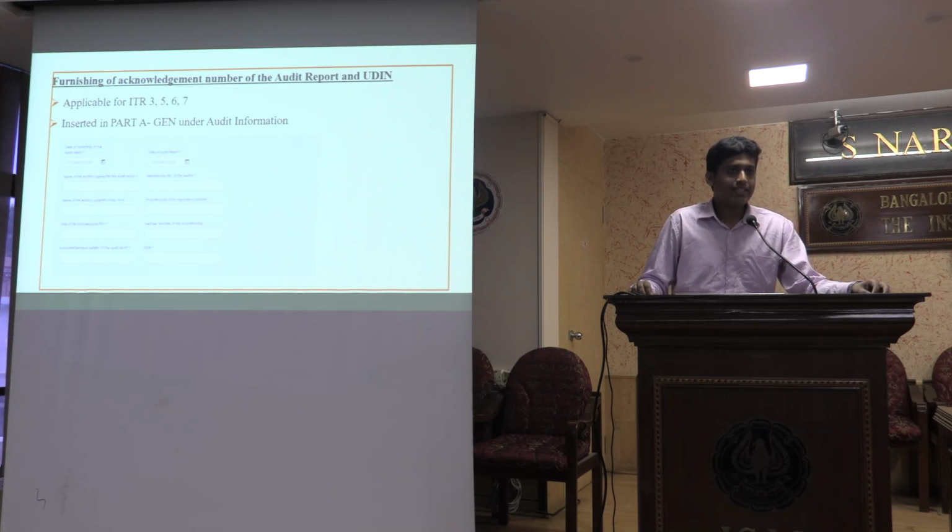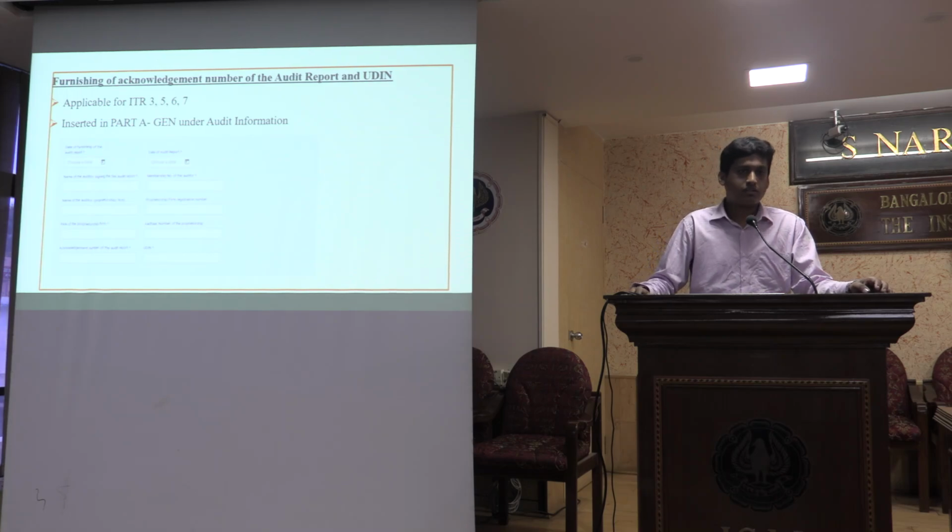So many a times by mistake or unintentionally you miss out on filing form 3CD, and in that hurry you just file the ITR. And this happens especially at the fag end of the season where there are a lot of returns to be filed, and here and there maybe 1 or 2 3CDs just get missed out for filing. So that actually might have some serious consequences, including penalty under 271B and all those things.